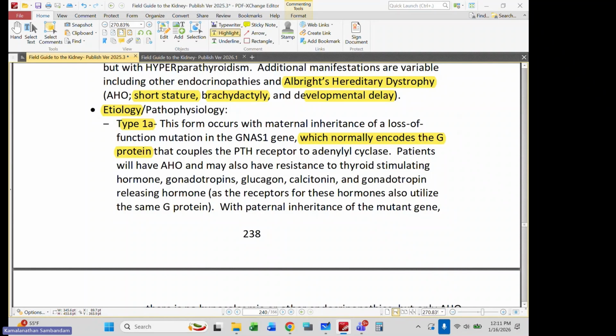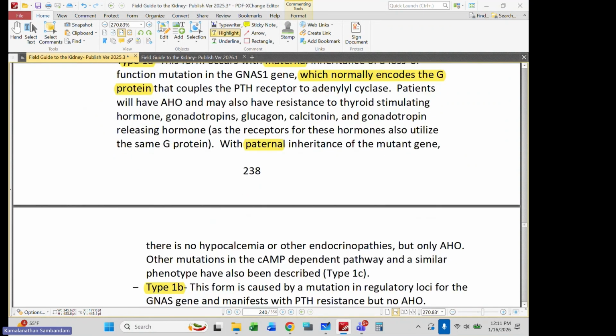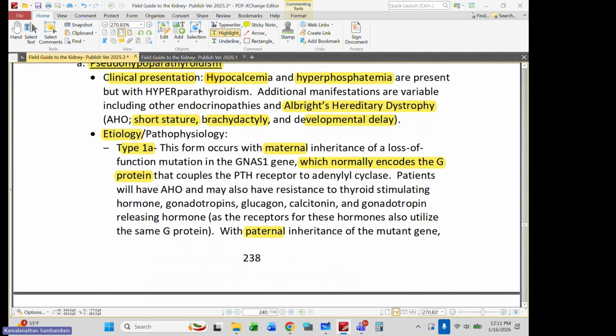You'll recall G proteins are a canonical mechanism of signal transduction whereby multiple hormones can exert their effects, and so that makes sense when we go through the phenotype here. We're going forward on a discussion around maternal inheritance. The paternal inheritance will come later. Again, that phenomenon is called genetic imprinting.